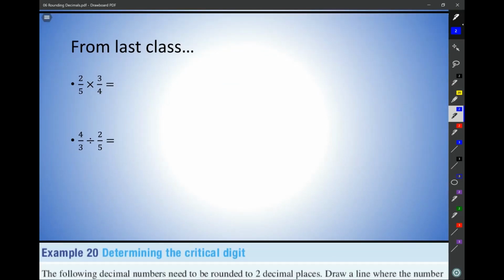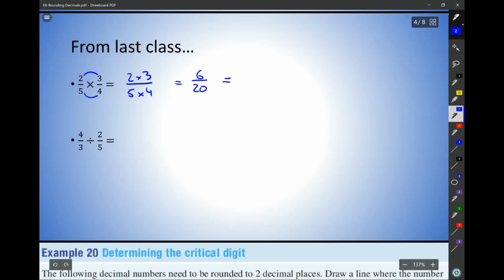Right, and here's a little bit more revision on fractions. Multiplying is fairly simple. We multiply the top with the top, and we multiply the bottom with the bottom. So we end up with 2 times 3 over 5 times 4, which becomes 6 over 20.